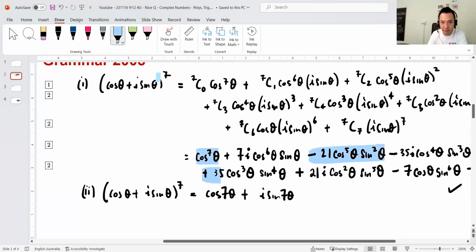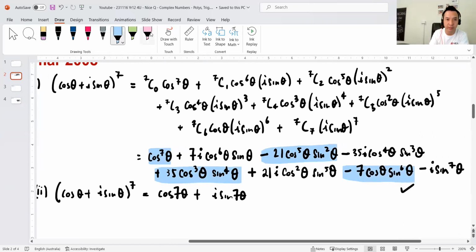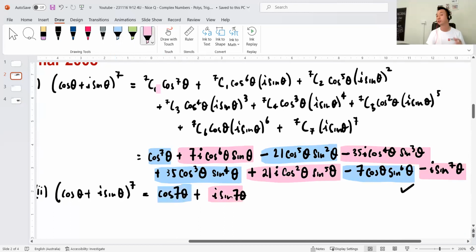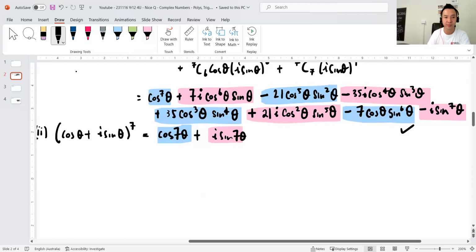Real, real, real, and imaginary, imaginary, imaginary, imaginary. Now, compare that to de Moivre. That's real and that's imaginary. So what I need to do now is compare my blues and compare my pinks and then get the expressions for sine and cos.